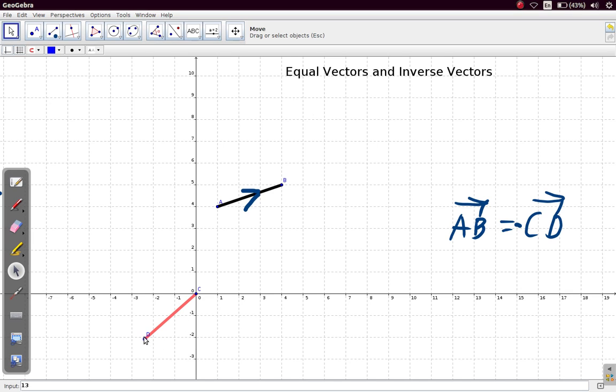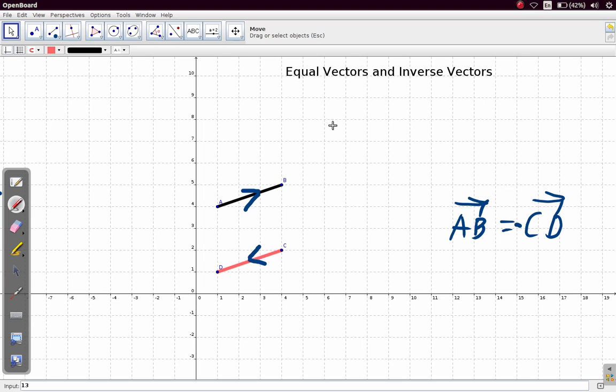If I want them to be inverse vectors, I would have to put them back so that they are facing direct opposite direction. Now notice they are parallel. Once they are inverse, they are parallel and in the opposite direction. Alright, so these are inverse vectors.